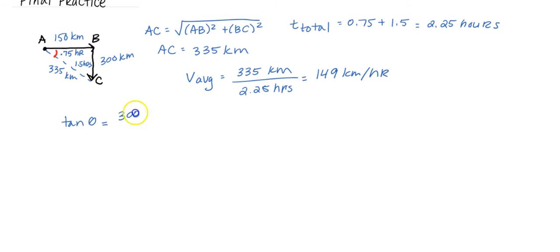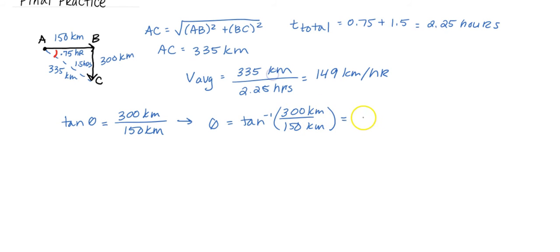So I have 300 kilometers over 150 kilometers. This would rearrange to theta equals the inverse of tangent times that same value. And this comes out to approximately 63 degrees.